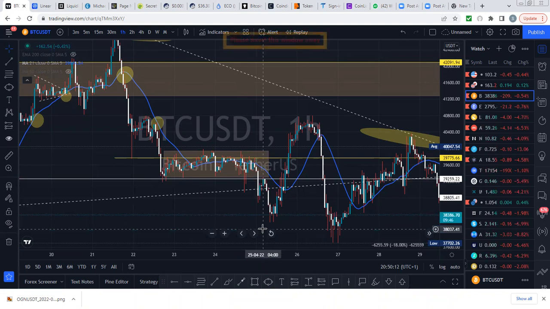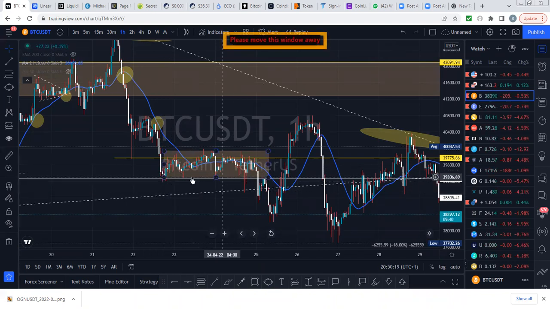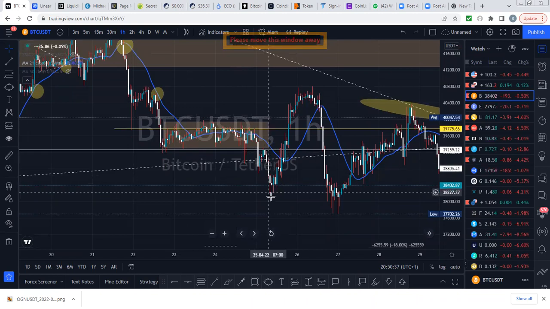Are you following? So you can't find entry in a ranging market with moving average. It will be flat until a breakout. Of course, the breakout didn't take much time before price reversed.